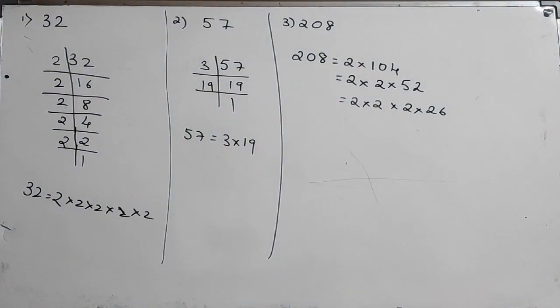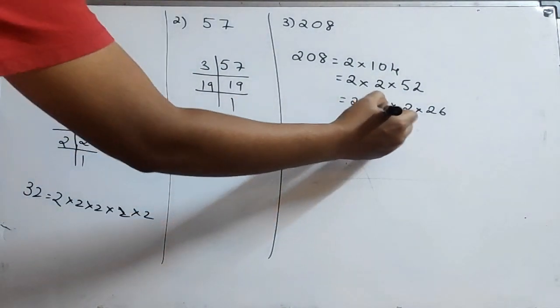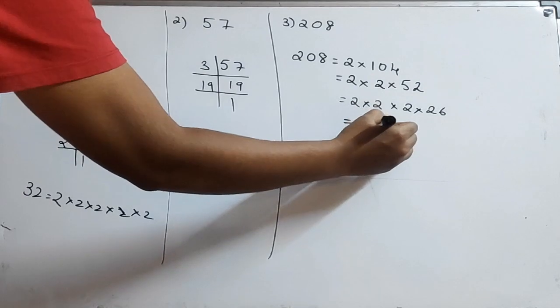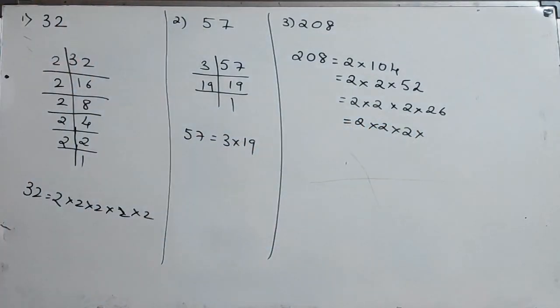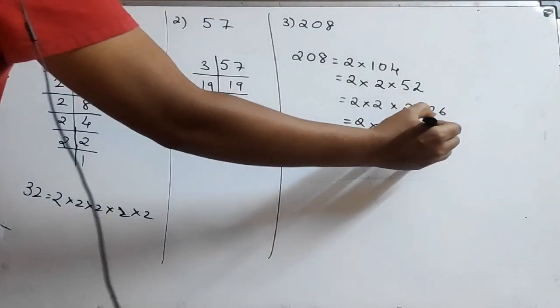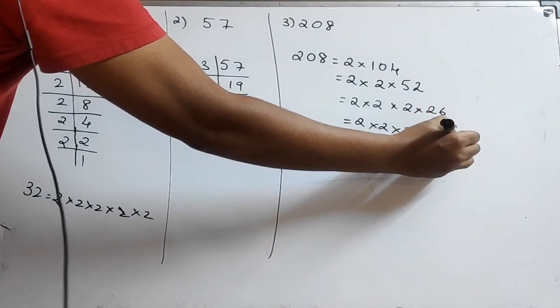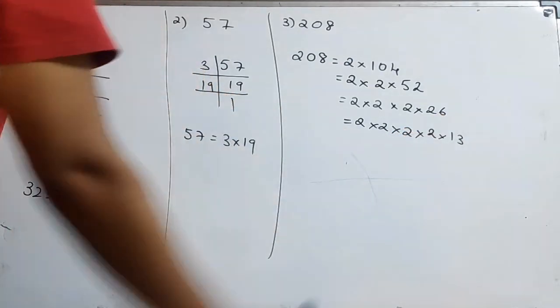Again, these 2s are prime numbers. 26 is a composite number. 26 can be written as 2 multiplied by 13.